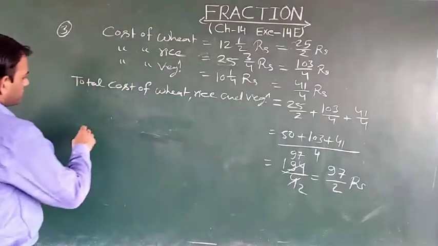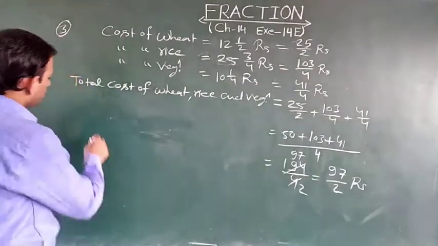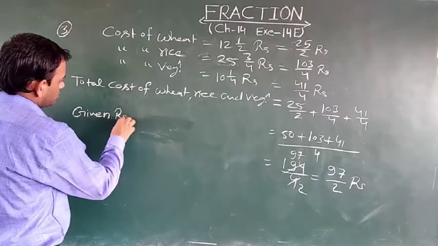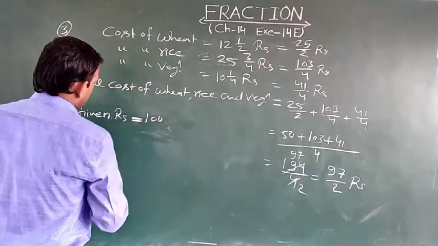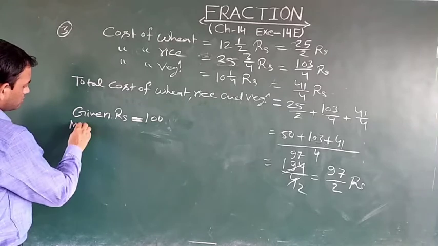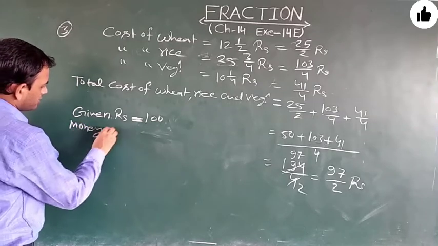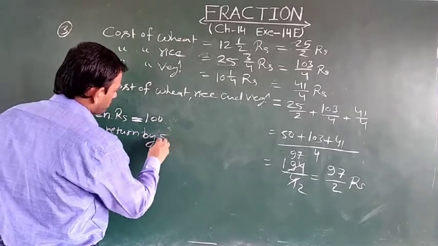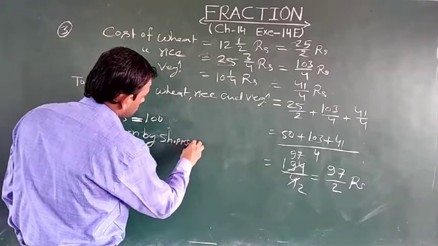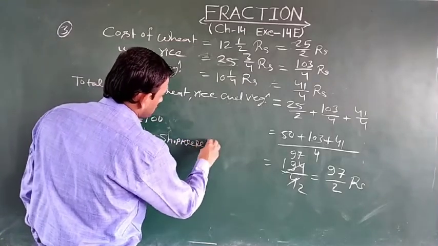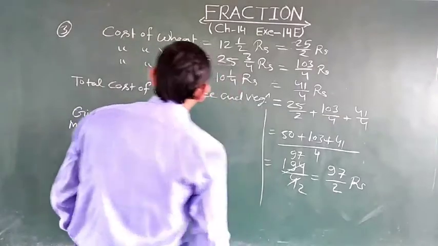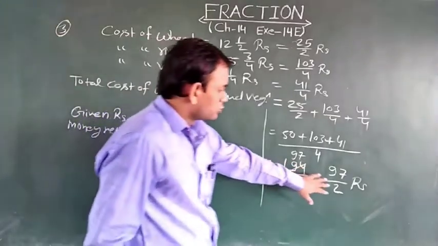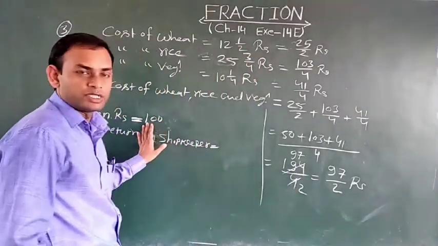And that person has given 100 rupees. So given rupees is equal to 100, and the money returned by the shopkeeper is equal to, what you have to do, you will just subtract the total cost of the goods from the given money.